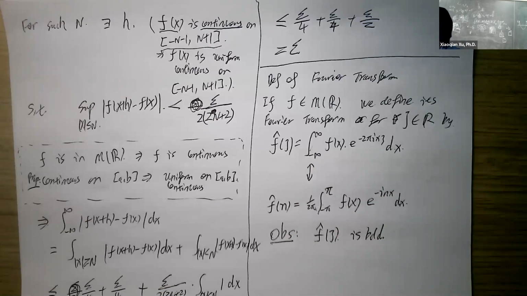Is that true? Why is f hat of ξ as a function bounded above? Why is it bounded above? Anybody give me an answer?